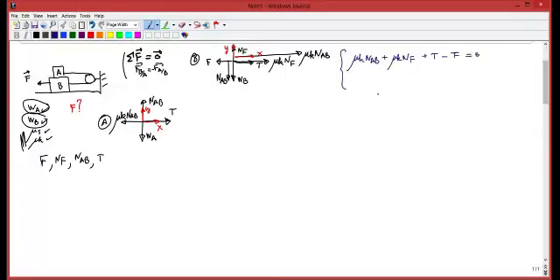And in the Y, we have F minus NAB minus WB is equal to 0. And from the bottom, even easier: T minus mu K NAB is equal to 0, and NAB minus WA is equal to 0. Done. 4 equations, 4 unknowns, bing, bam, boom.